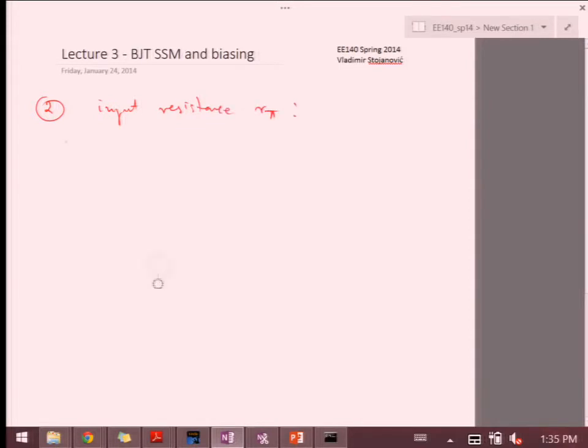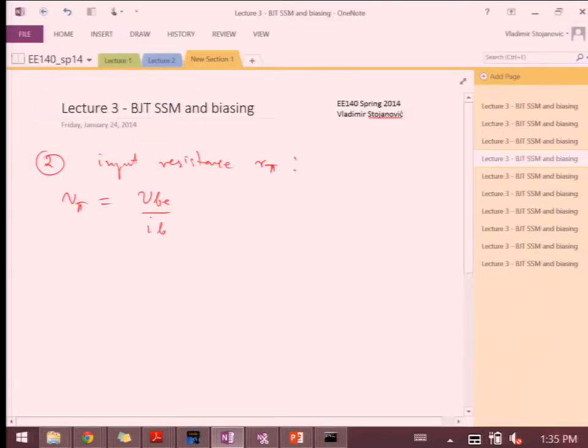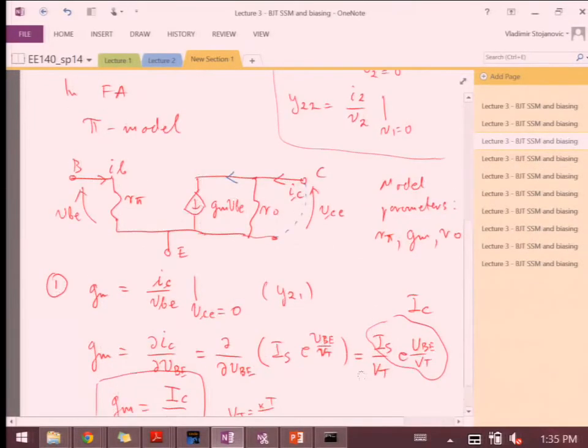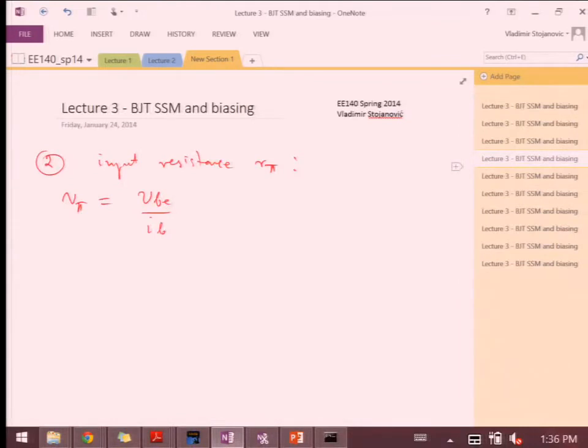Okay. And then again, just by the same token, how we did it for Y11 and Y22, what I have is that R pi is VBE over IB. Okay, but for VCE equals 0.